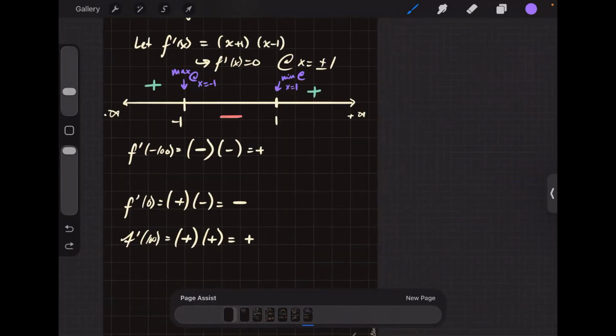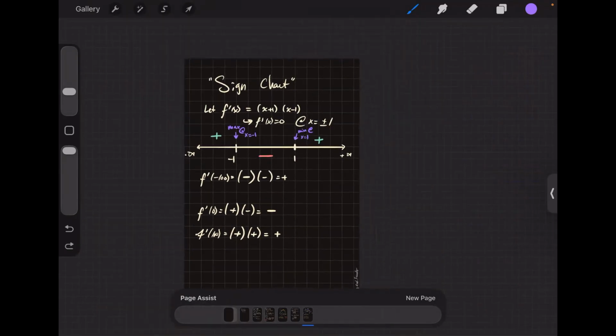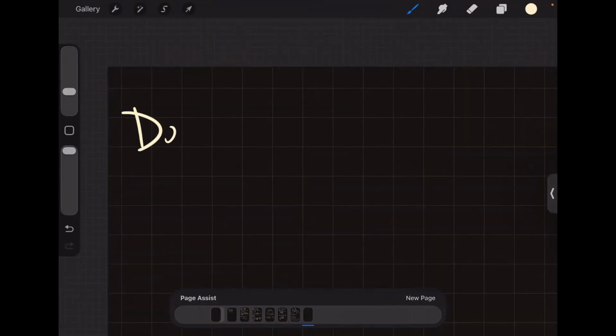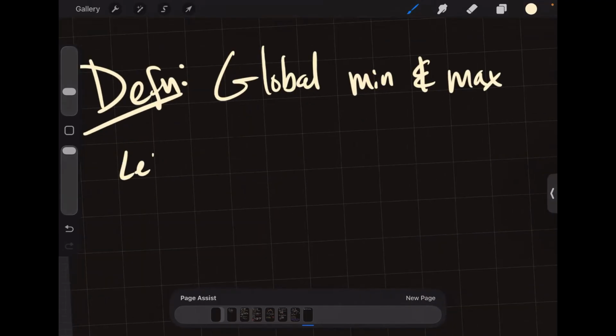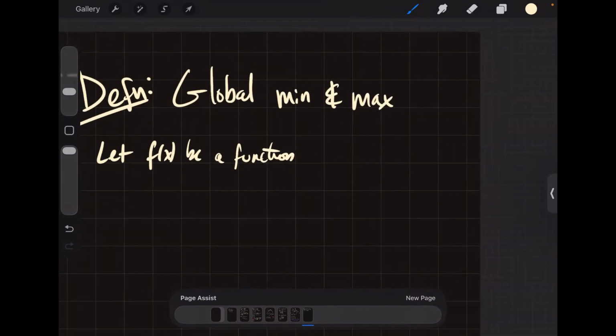Yeah, that's it. The last definition I'll throw at you is global min and max. So again, let f of x be a function on some interval.